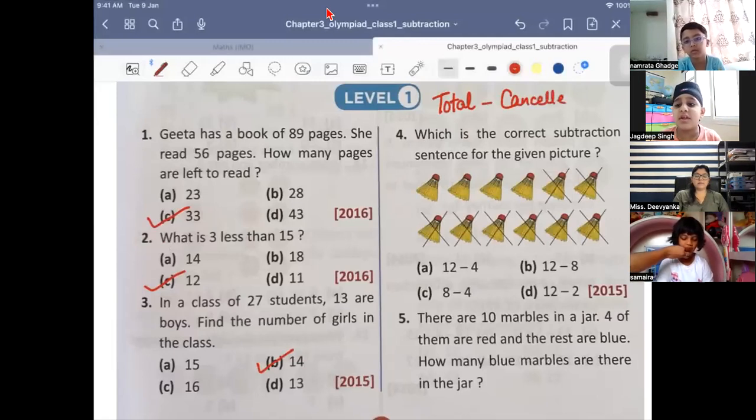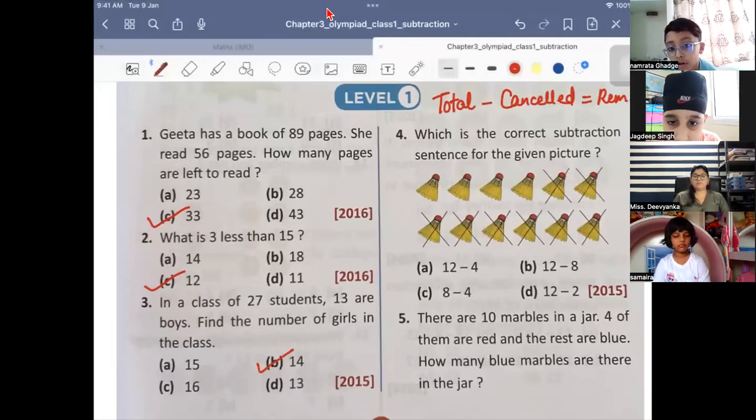Jagmeet, hold on, darling. Total minus cancelled is equal to the remaining ones. First, find out what is the total. Ma'am, option B. Is that correct?